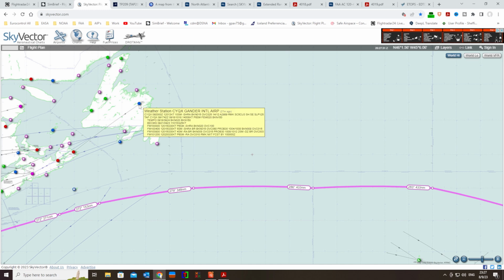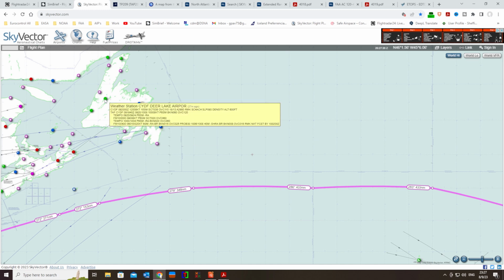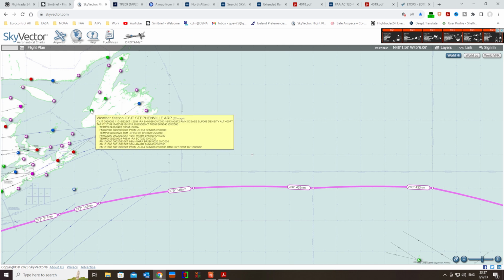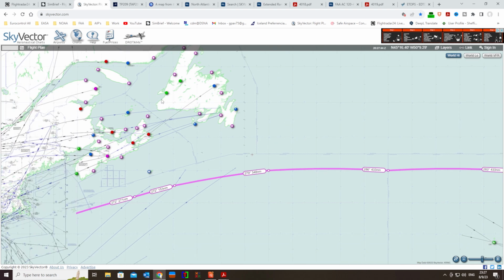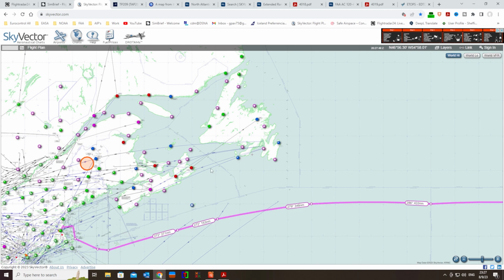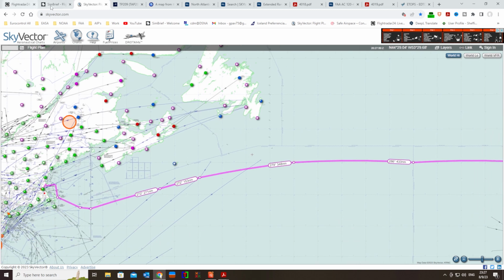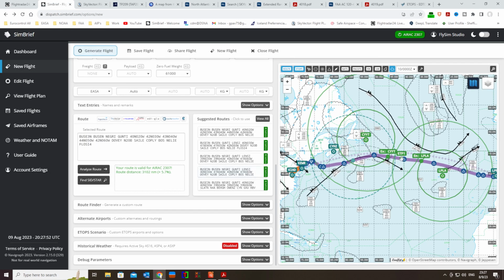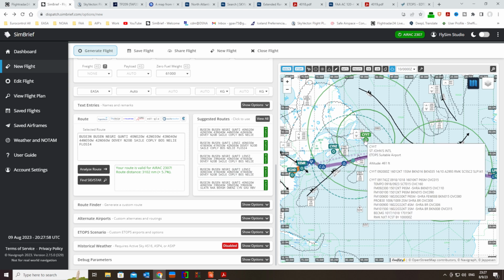Okay, this is an IFR one, a VFR one. Yeah, but we need to go in and check the instrument landings, if they have everything, no NOTAMs, if they have any issues with that. So what we can do, we can actually dispatch the aircraft like that. We can dispatch the aircraft like that.